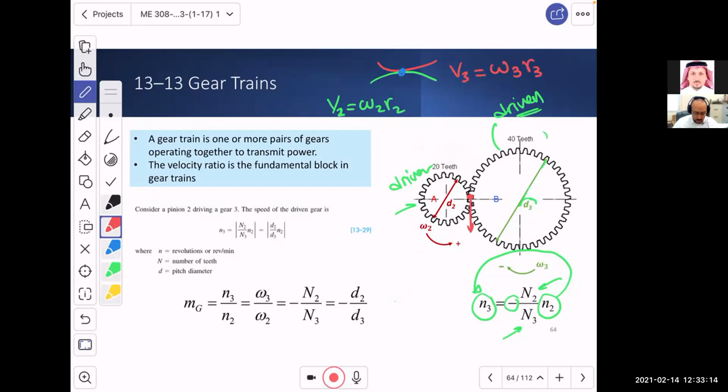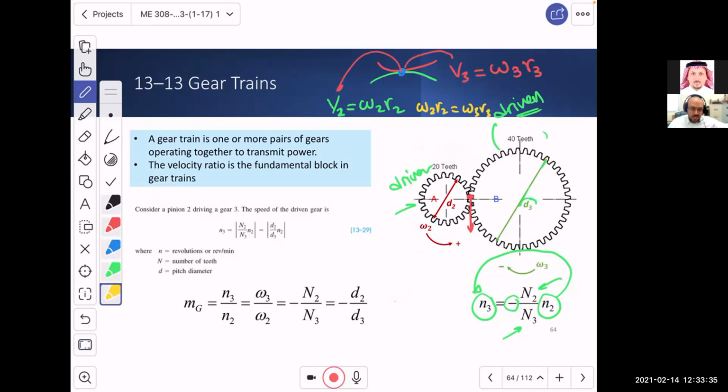And by knowing logically that these 2 velocities coming from the same point moving in space, they are supposed to be the same. And that's how we arrive at the relation omega-2 R2 equals omega-3 R3.